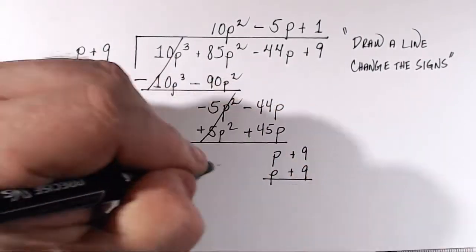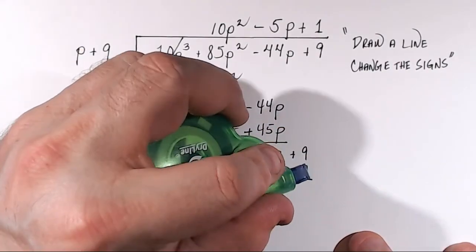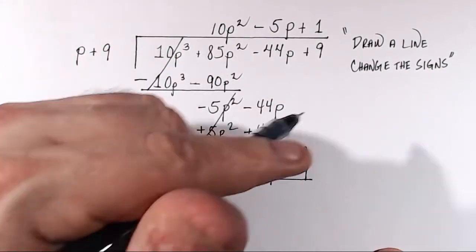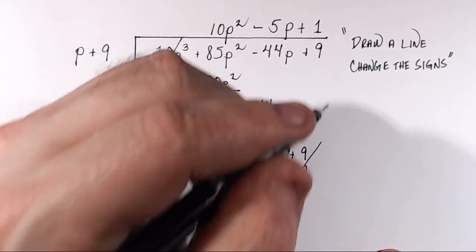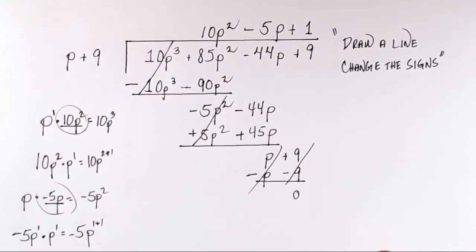Draw a line. Change the signs. These two cancel, and these two cancel. There's no remainder.